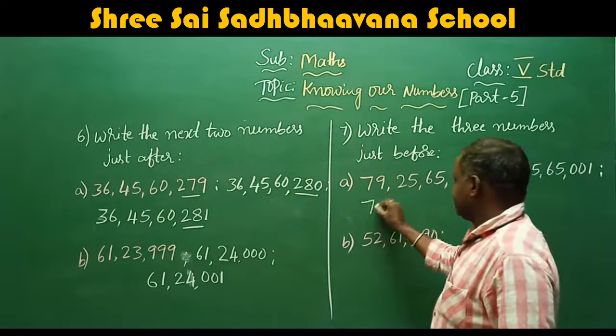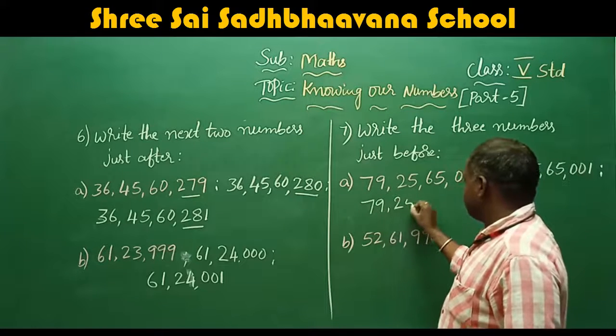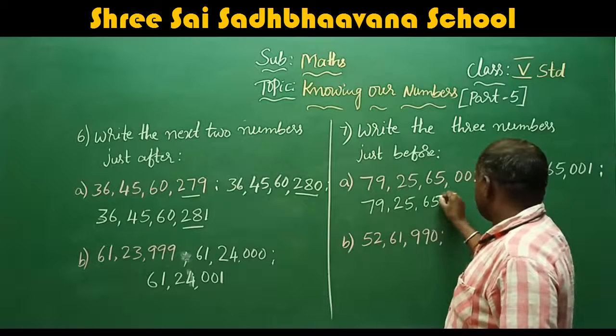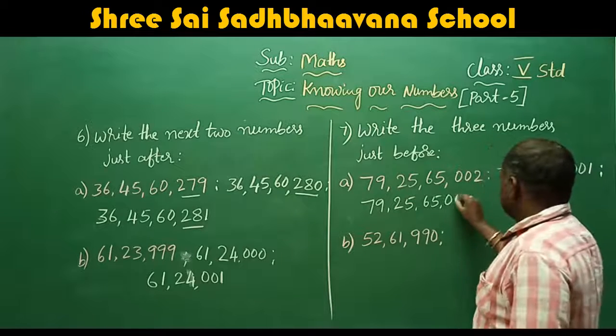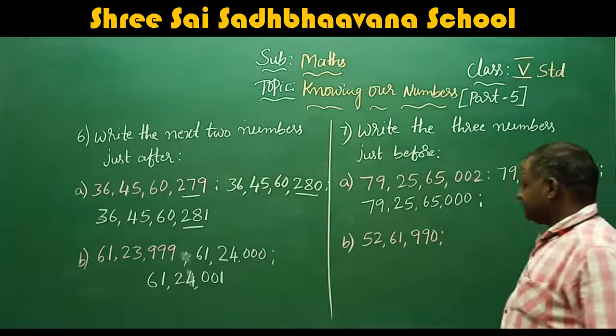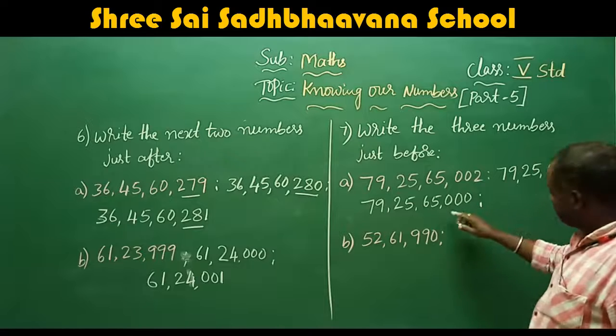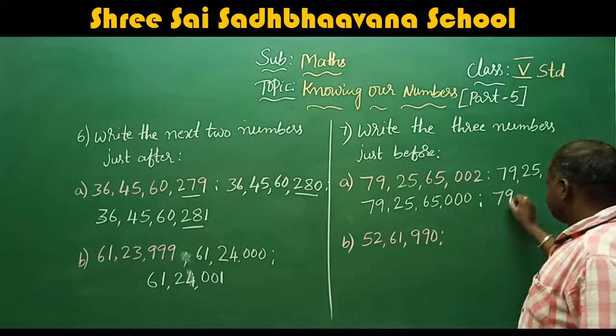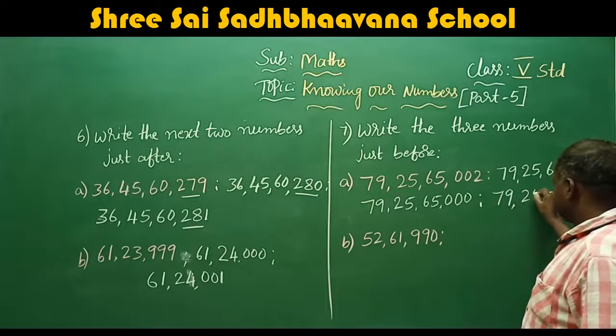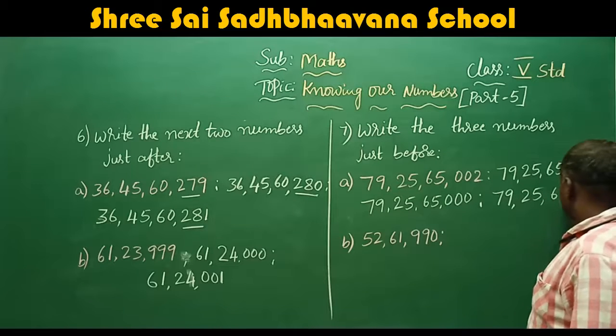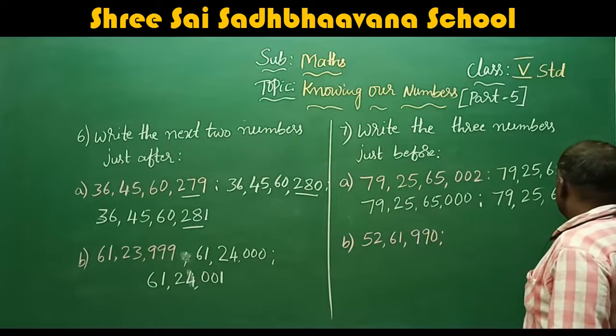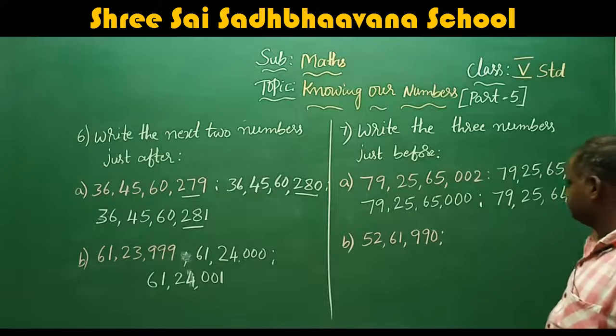The next number is 79 crore 25 lakhs 65,000. This is the second number. Before this the number is 79 crore 25 lakhs 64,999.